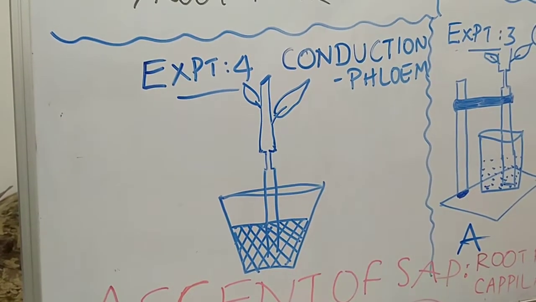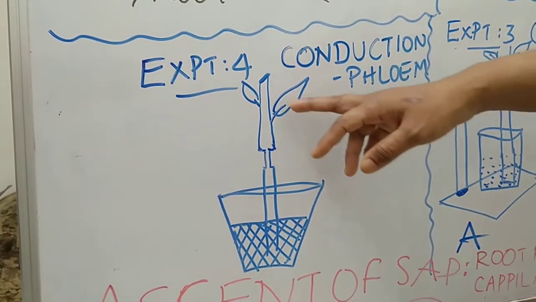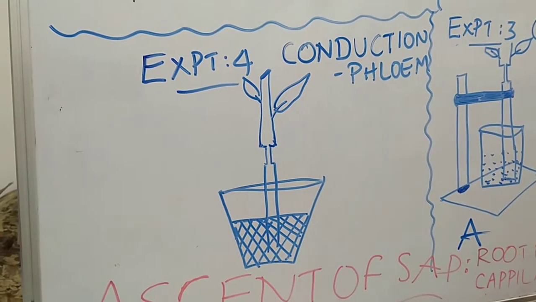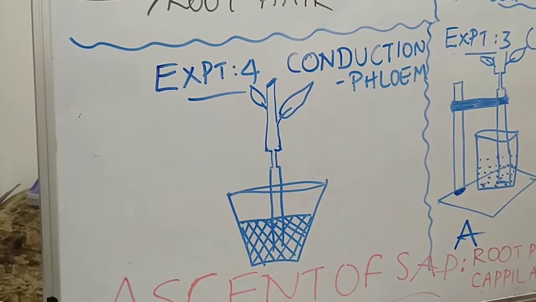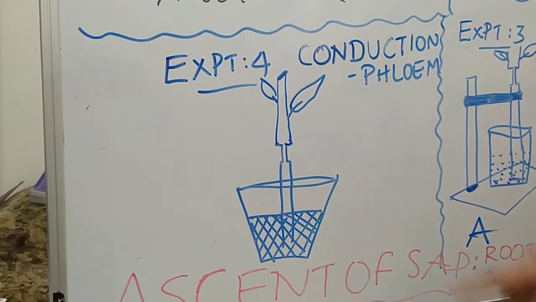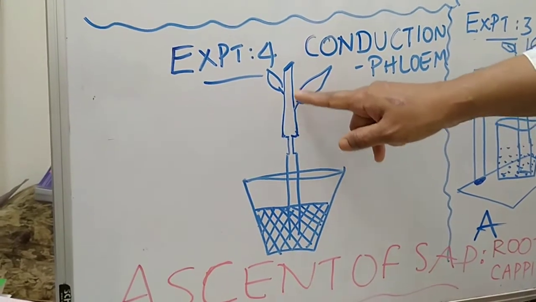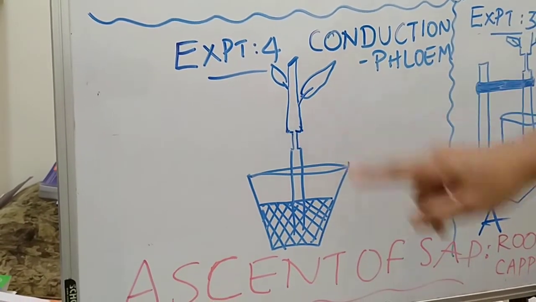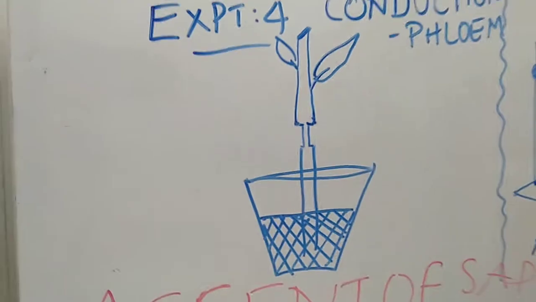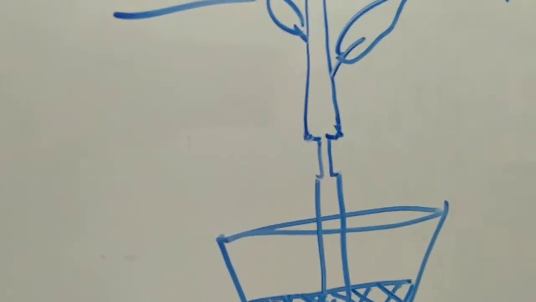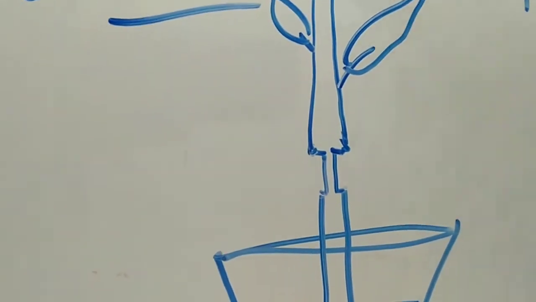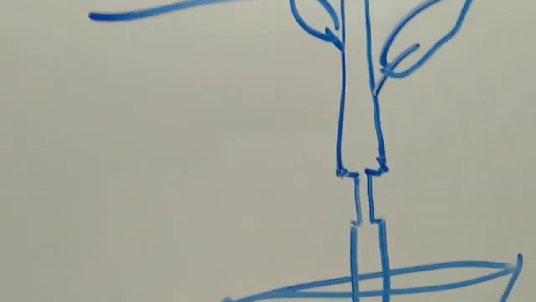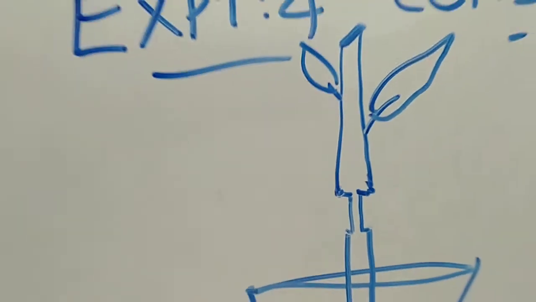I am keeping this setup, and in the upper region there will be leaves. I keep the setup for some time, and I can find that the region above the cut is slowly increasing in diameter.